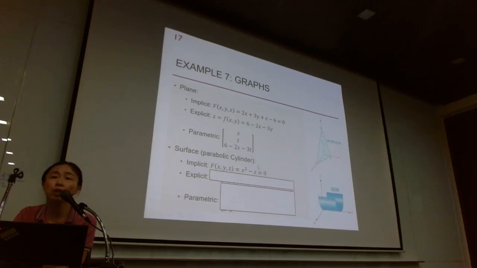Okay, anyway equal to 0. You can even write x squared plus 0y, plus something, no problem. For explicit, you already have it here: z equal to f(x,y) equal to x squared. No problem. So parametric: indeed, where is y?